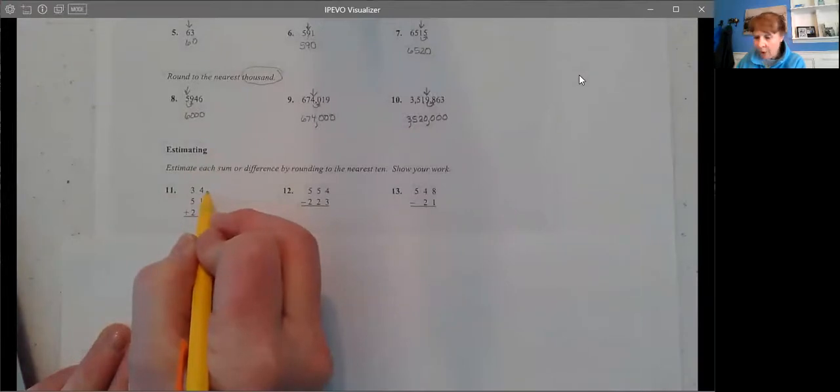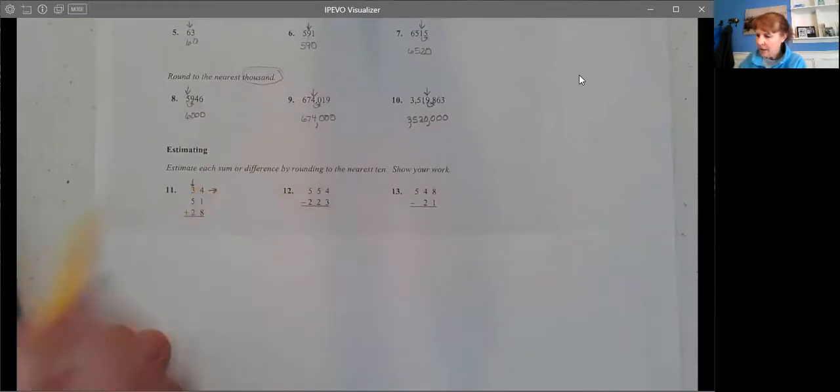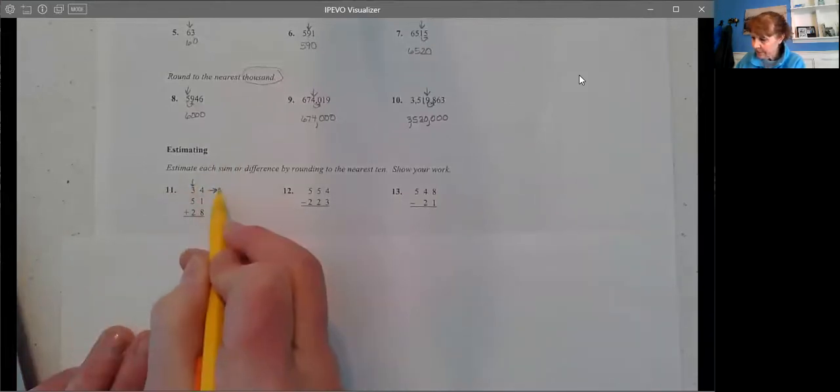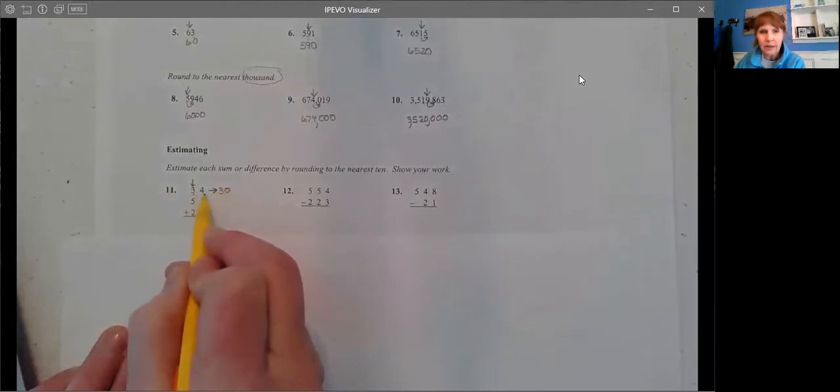The 34 rounding to the nearest 10. Okay, you go to the 10 spot. And you'll look to the right, it's less than 5, so you'll leave that digit as a 3 rather than increasing it.